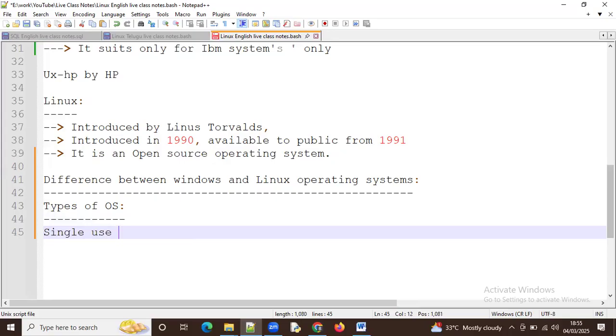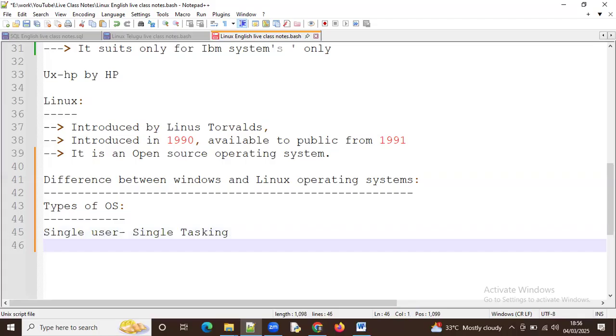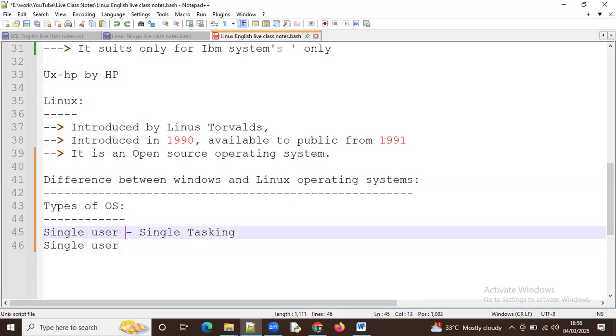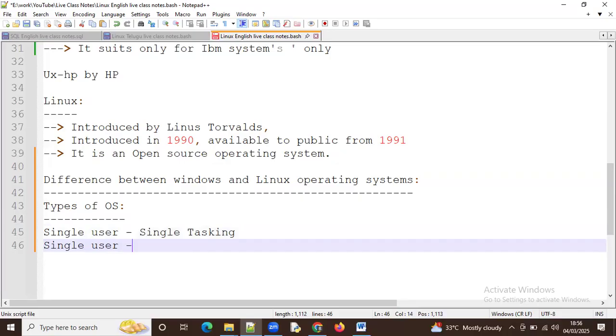Single user, single task. Next one is single user, multitasking.